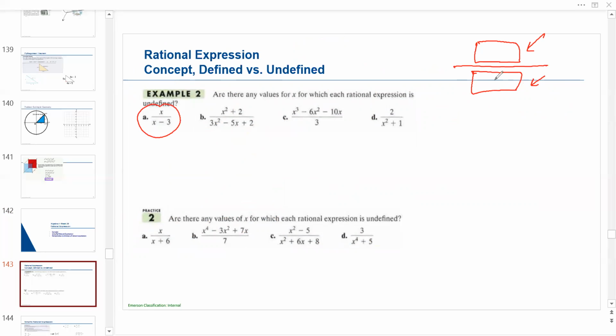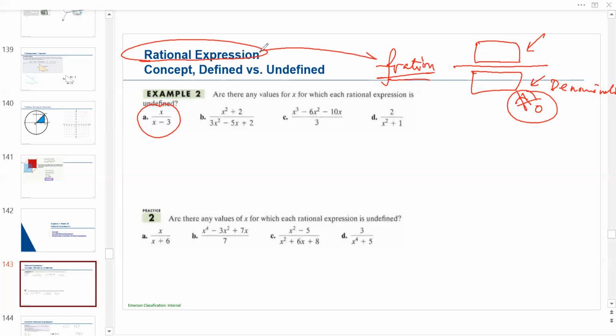So, same as in a fraction, when this is the denominator, it cannot equal 0. So in this kind of rational expression, same as a fraction, the denominator cannot be 0.